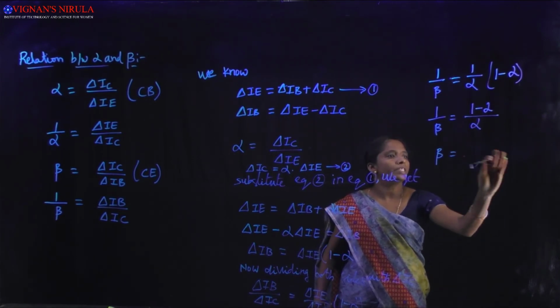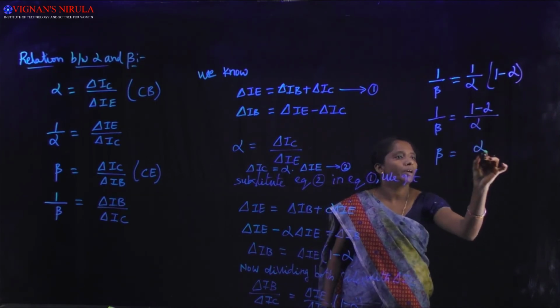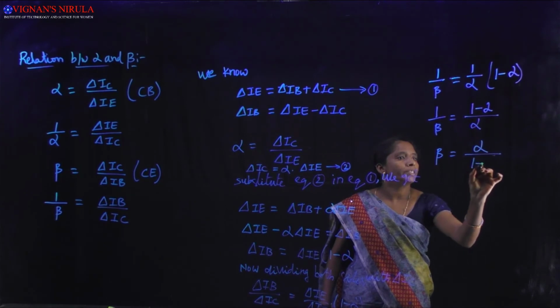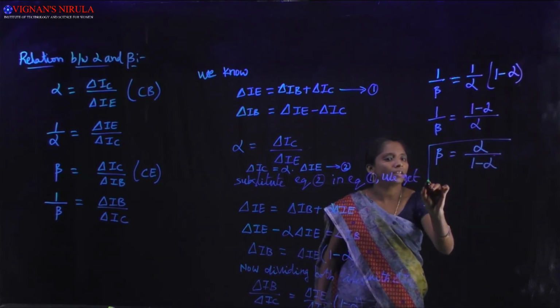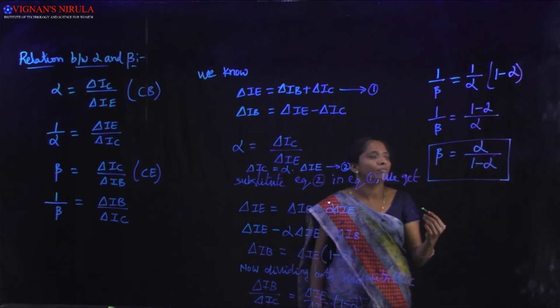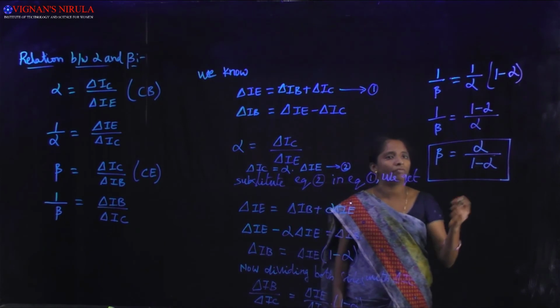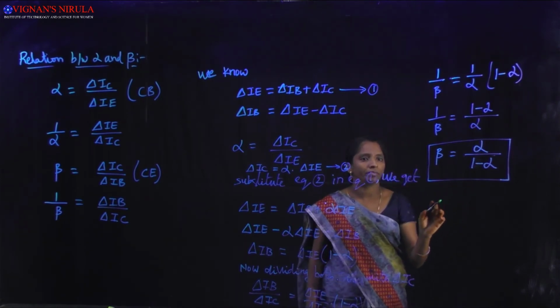From this equation we can write beta equal to alpha divided by 1 minus alpha. This is the current amplification factor beta in common emitter configuration in terms of alpha. So beta equal to alpha by 1 minus alpha.